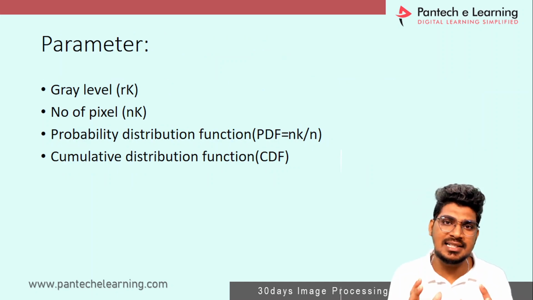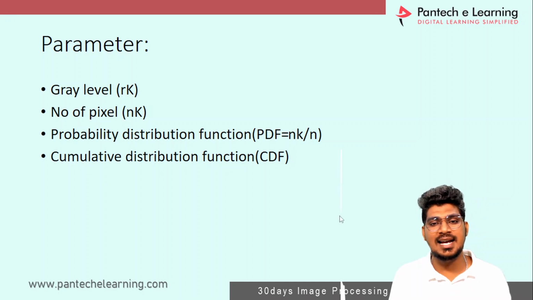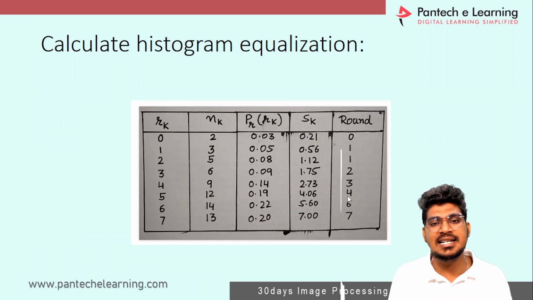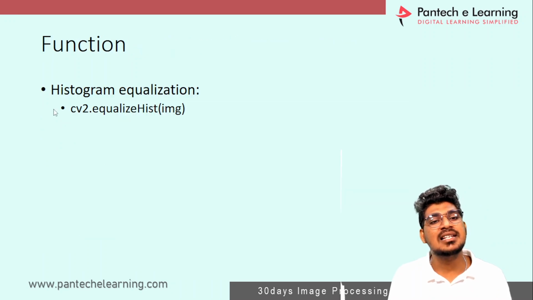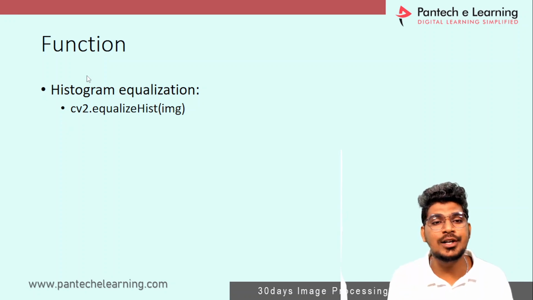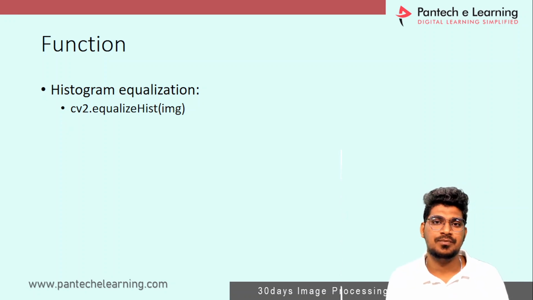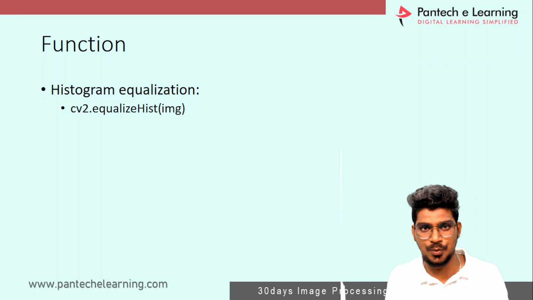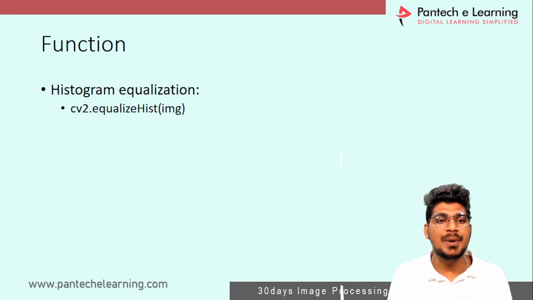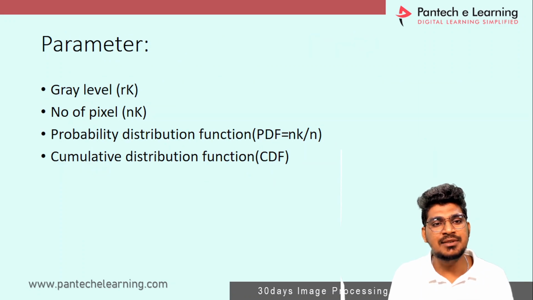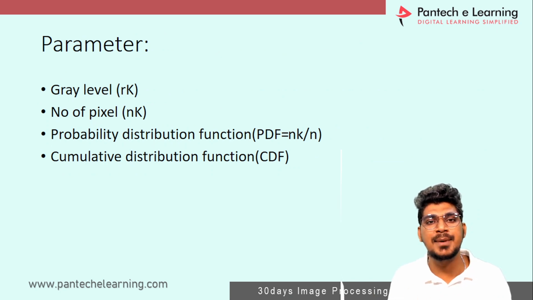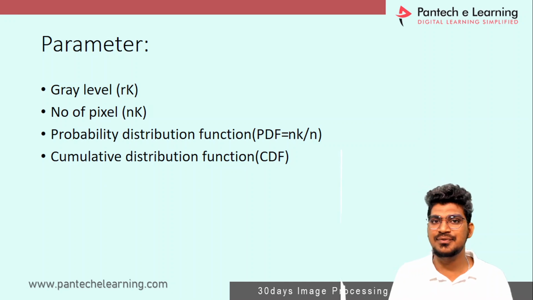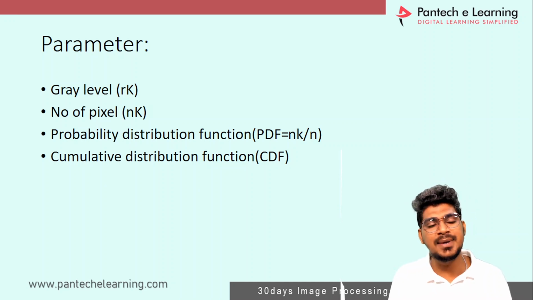So we need to understand some parameters here. When you are going to apply histogram equalization, this is the function: cv2.equalizeHist. Equalize hist is the function. If we look behind the function at how it works, that is very important. Before entering the process of that particular function, we need to understand the parameters first.